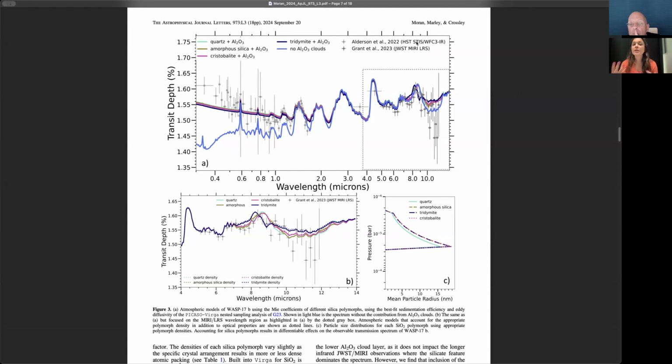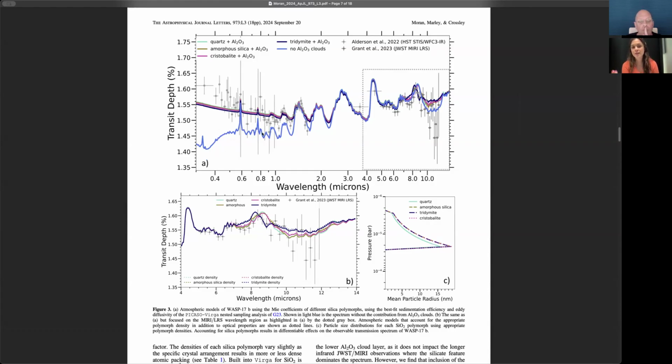And all of the different models that I ran are all those different colored lines. And so the best fitting model as determined by Grant et al. is shown there in quartz, in turquoise, but then my new versions are also shown in the different colored lines. The little thing to note here is this blue that goes way down lower than any of the other colors.